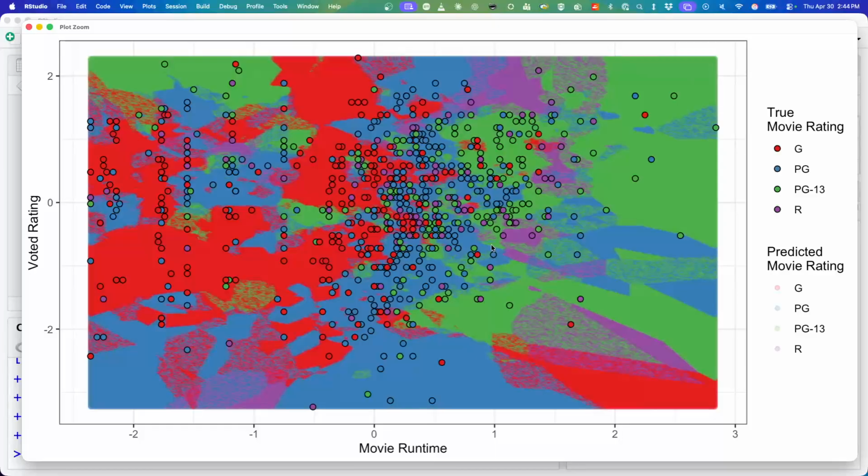In this case, there are points in the space where the majority of the neighbors are purple.